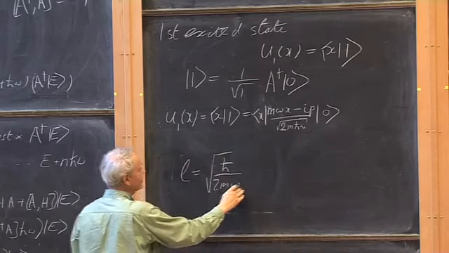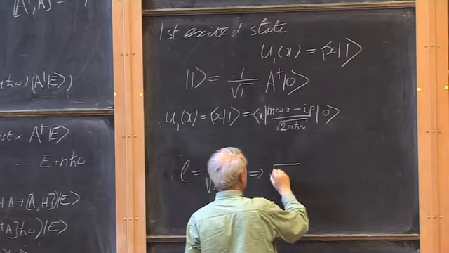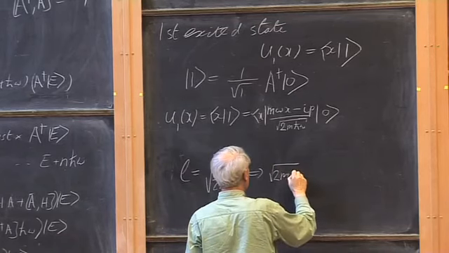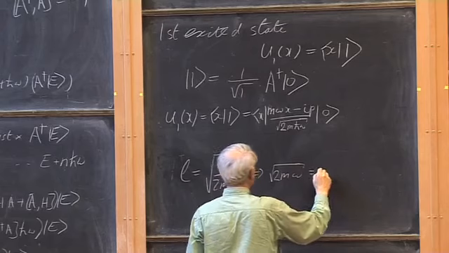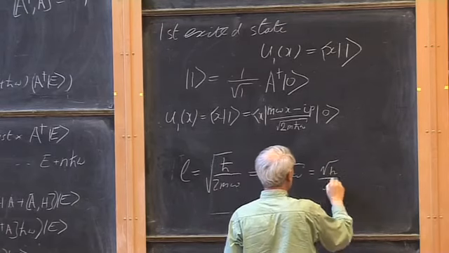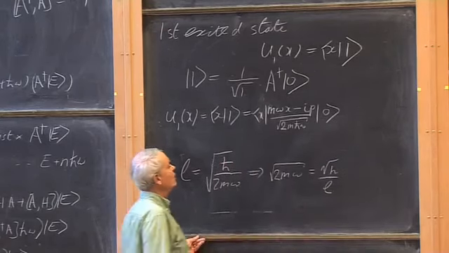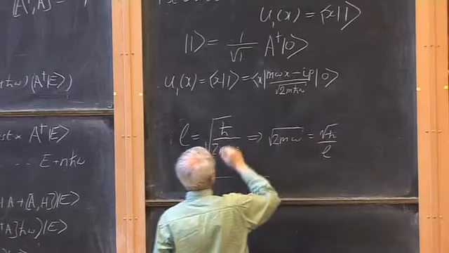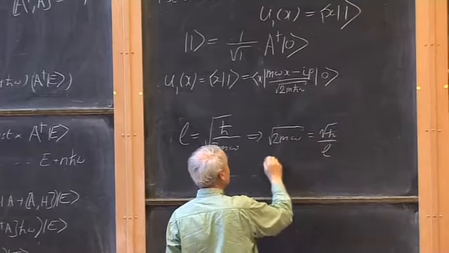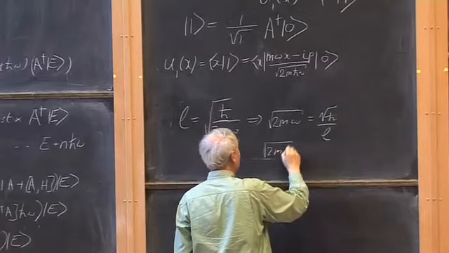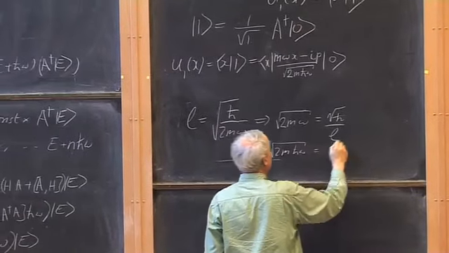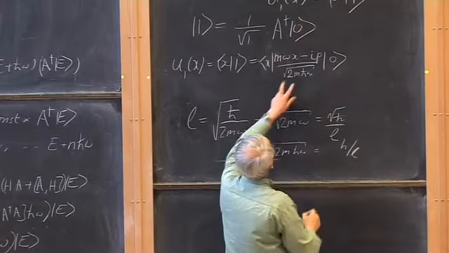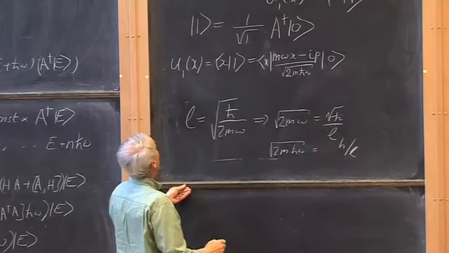Multiplying through, I find that the square root of 2m omega is equal to the square root of h bar over L. If I multiply through by h bar, I find that the square root of 2m h bar omega is in fact equal to h bar over L. So this factor here is equal to h bar over L.